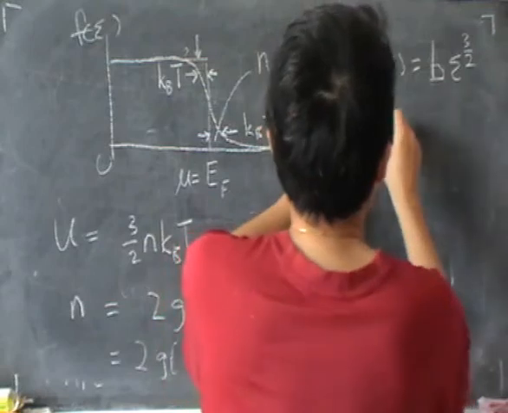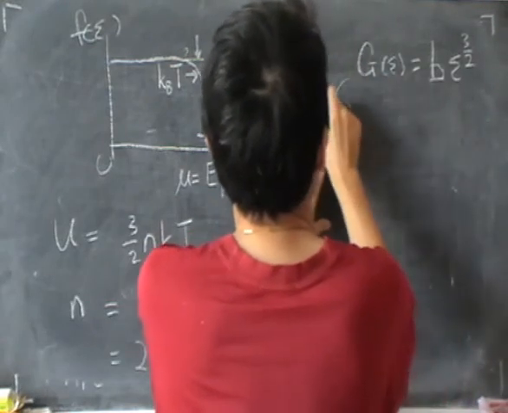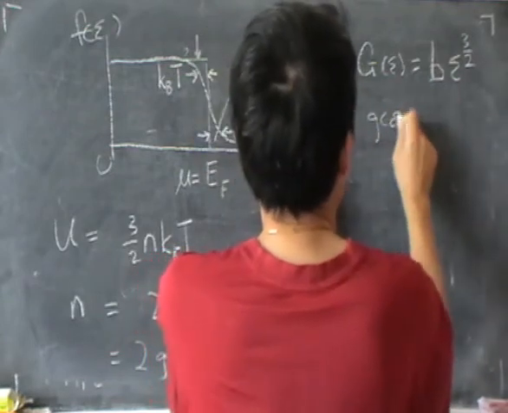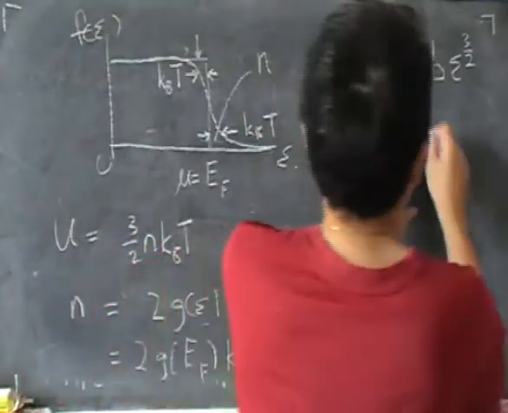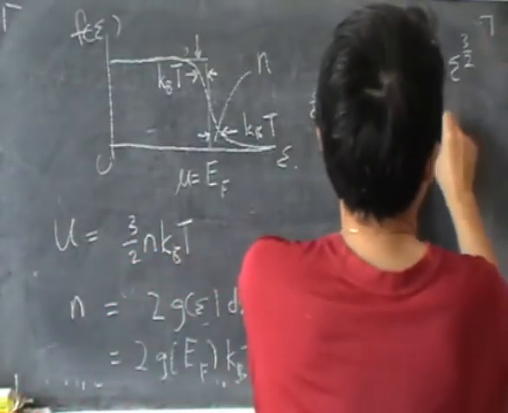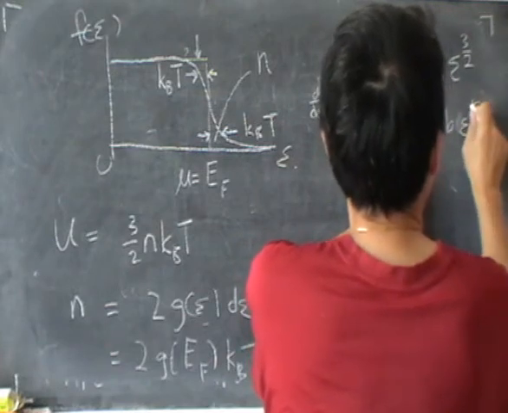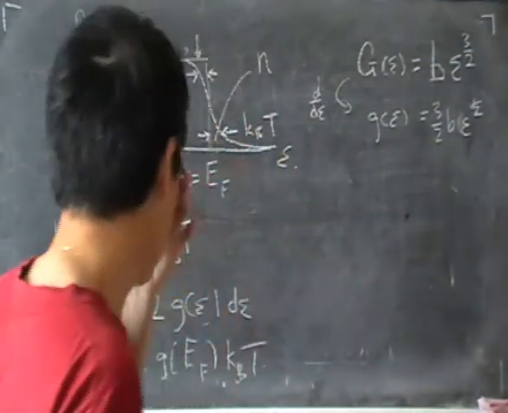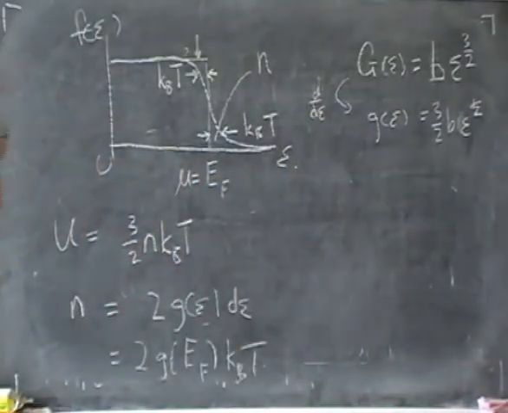Right, if I now differentiate this with respect to E, we'll get the density of states. Okay, and if I differentiate that, this becomes 3 over 2 B E to the half. Right, which is what we expect. Density of states is related to the square root of energy.